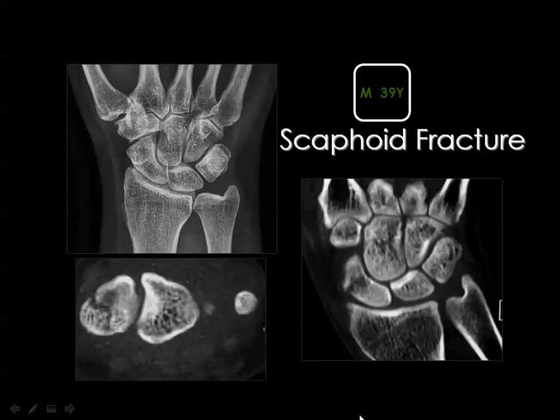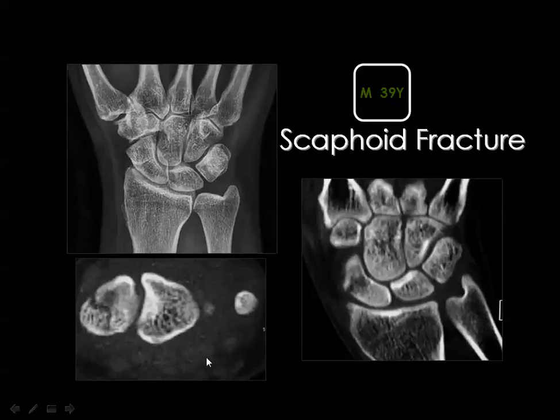I recommend to you, if you want to examine any joint by CT, the most valuable images are the 2D reconstructed images in the coronal and sagittal planes, especially in the wrist and ankle. If you have the axial images only, you will not be able to interpret the images.